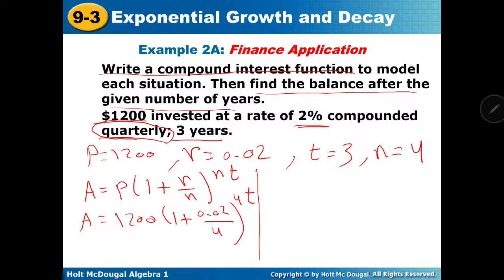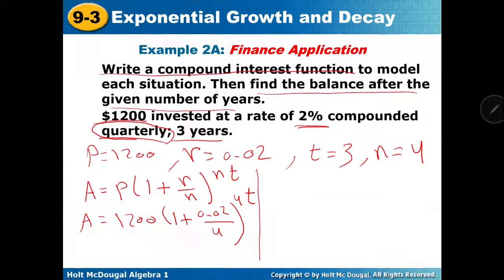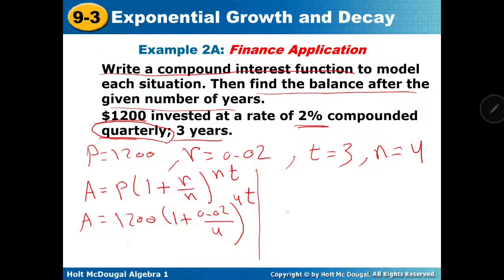Now the t is 3. So in another step I will write that A equals 1200 multiplied by (1 plus 0.02 over 4) to the power 4 times 3.